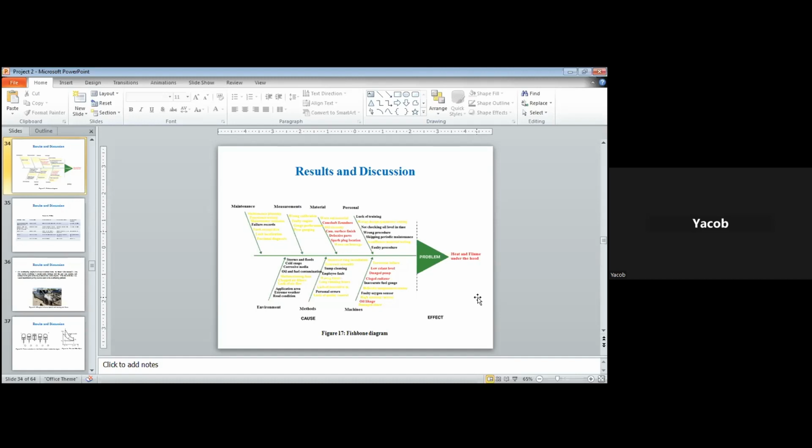We put in the coloring according to their severity. So the red color, for instance, from the machines: a low coolant level can be a problem for overheating, a damaged pump, a clogged radiator, or oil leakage. These are some big contributors for the overheating problem from the machine side.